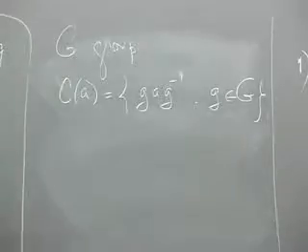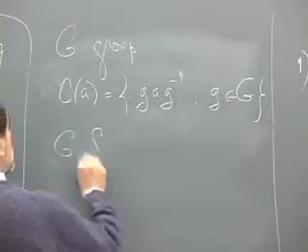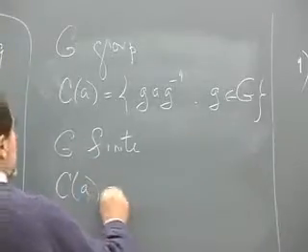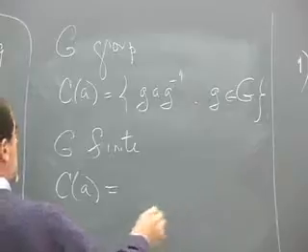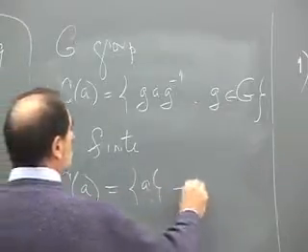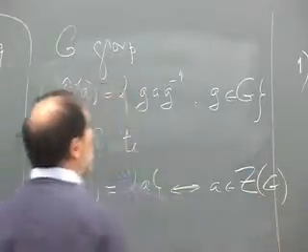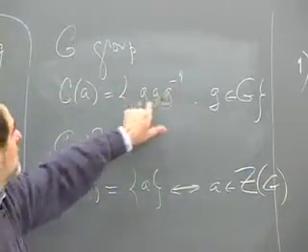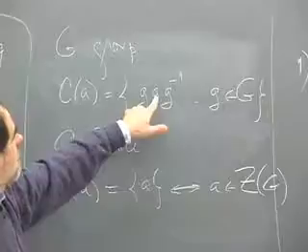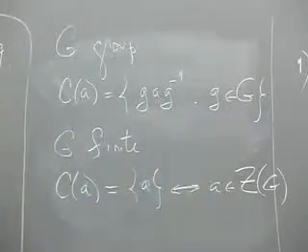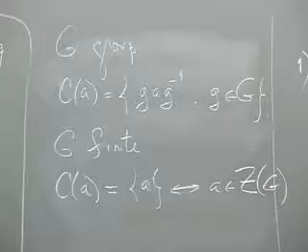And if G is finite, the conjugacy class of A always contains the element A, but it's equal to {A} if and only if A is in the center of G, because that would mean that all these elements are equal to A, and to say that all these elements are equal to A means that A commutes with everything in G. So a conjugacy class has a single element only if the element is in the center.